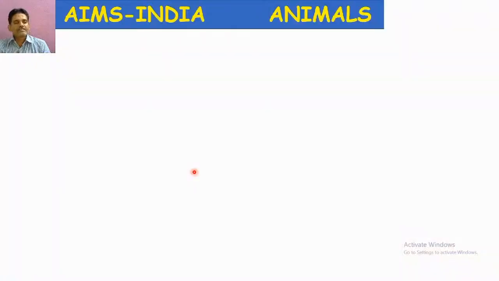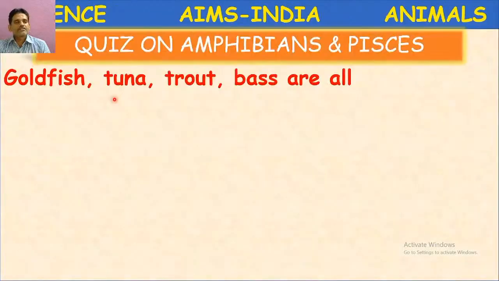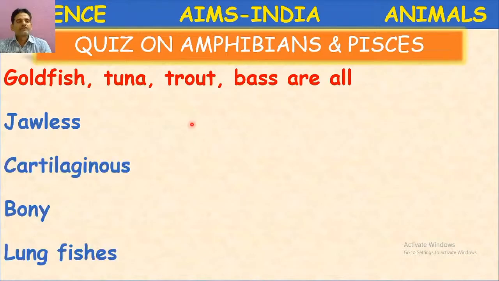Next, goldfish, tuna, trout, bass are all which type of fishes? Jawless, cartilaginous, bony, lung fishes. What is the correct option here? The examples you have to remember in the competitive exams.